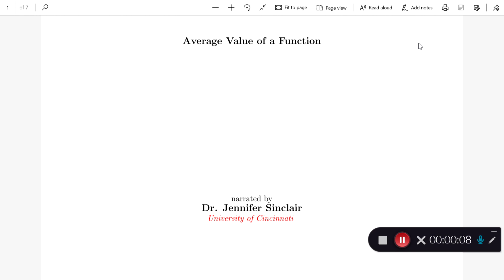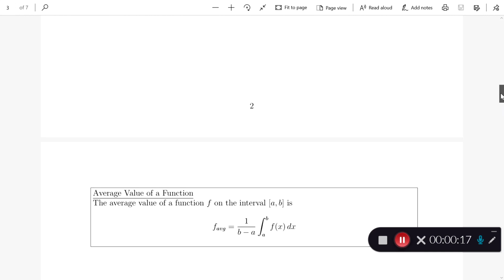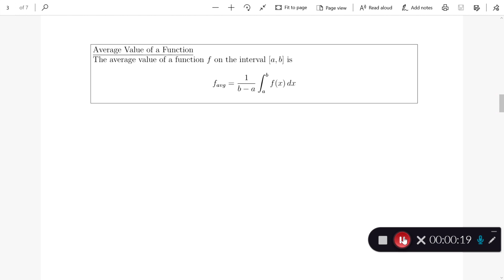Okay, so we're going to be doing some examples regarding the calculation for the average value of a function. So first, please recall the formula for an average value of a function.